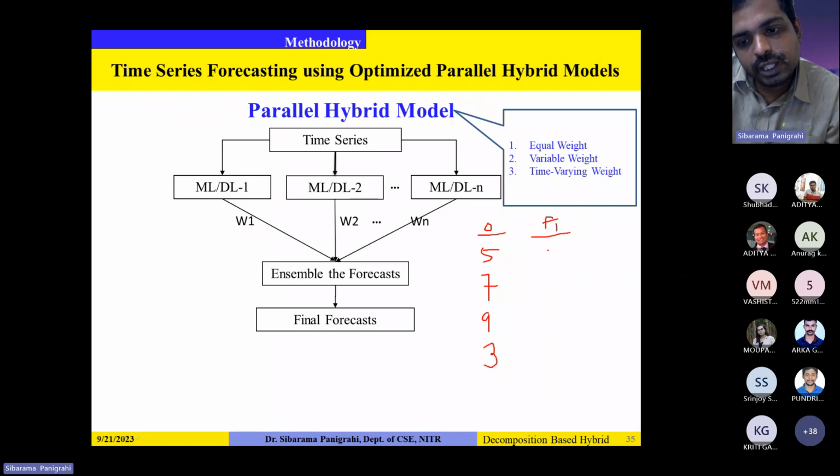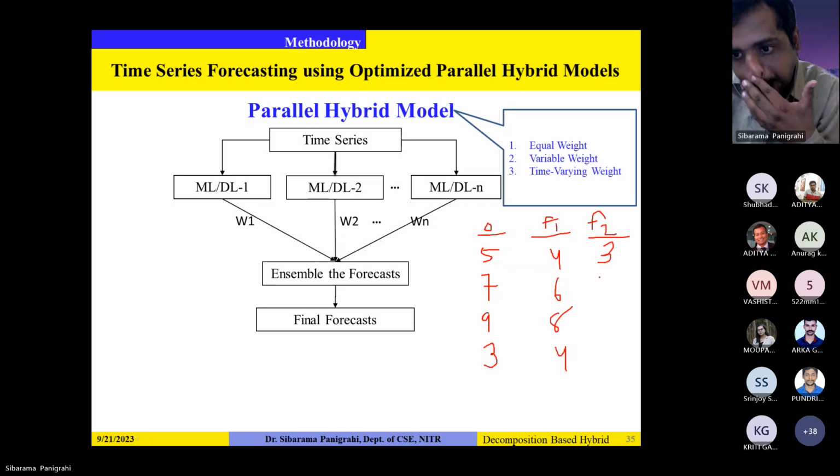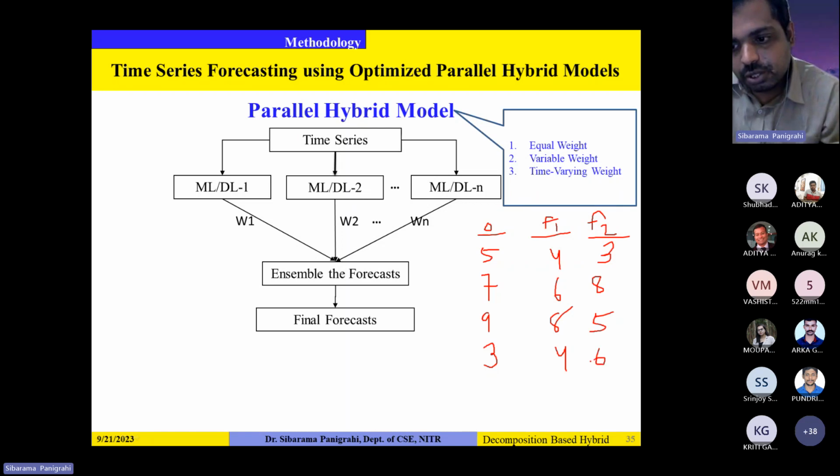In forecast 1, suppose we are getting 4, 6, 8, 4. In forecast 2, let's say we are getting 3, 8, 5, and 6. So now you see, suppose we have used two parallel models.